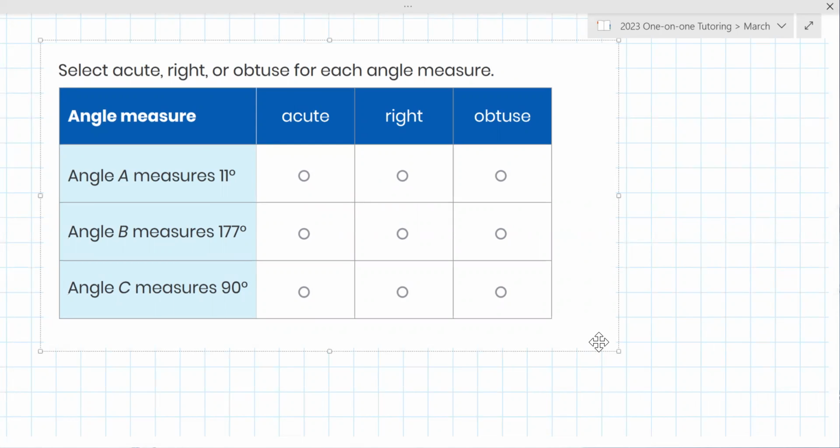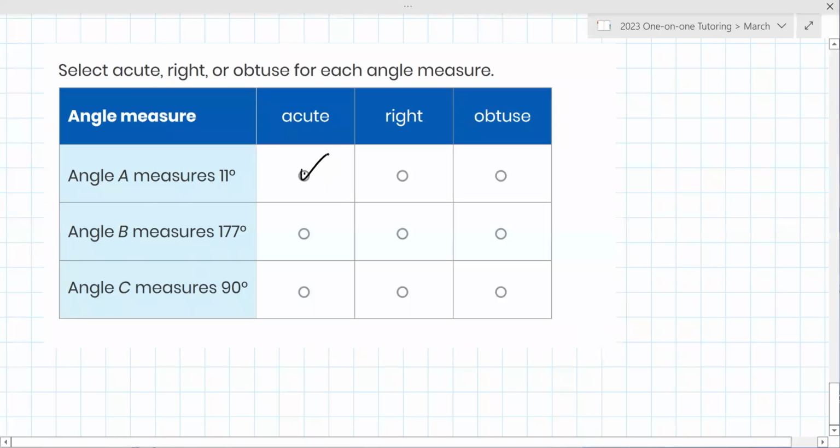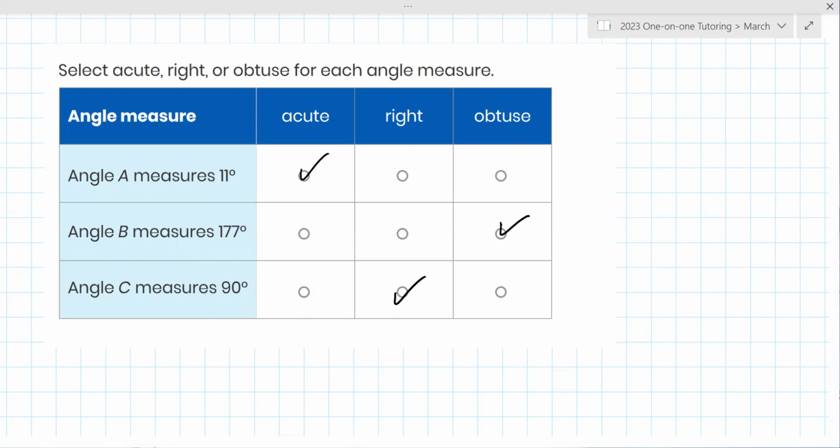What do you got for angle A? Angle A, acute. Okay, agreed. How about angle B? Obtuse. And angle C? Right. Very good. All right. 3 for 3. All right, let's look at the next one here.